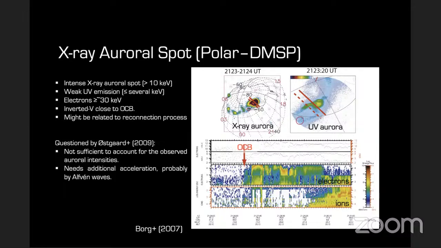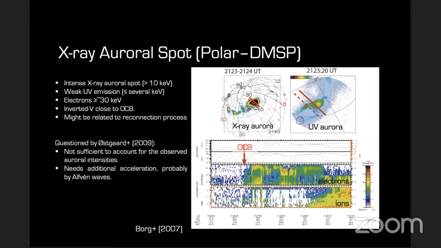However, using the same event, Ostergaard raised the question of whether such magnetic reconnection could really produce the X-ray auroral intensity. And fortunately, during this event, they used data from the Cluster spacecraft located around the magnetic reconnection region.